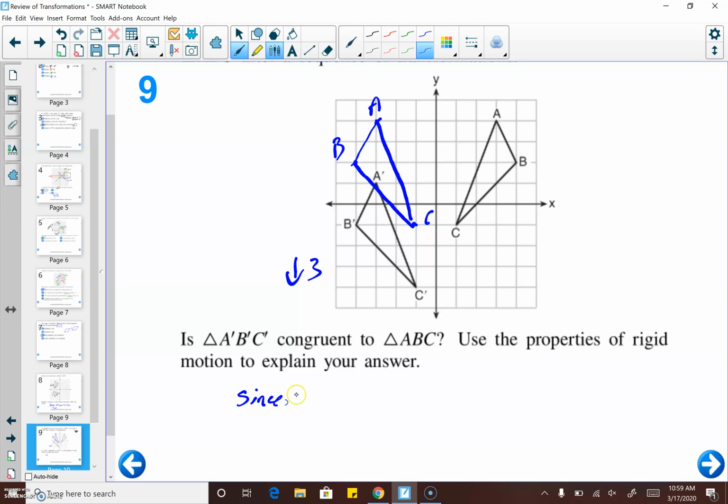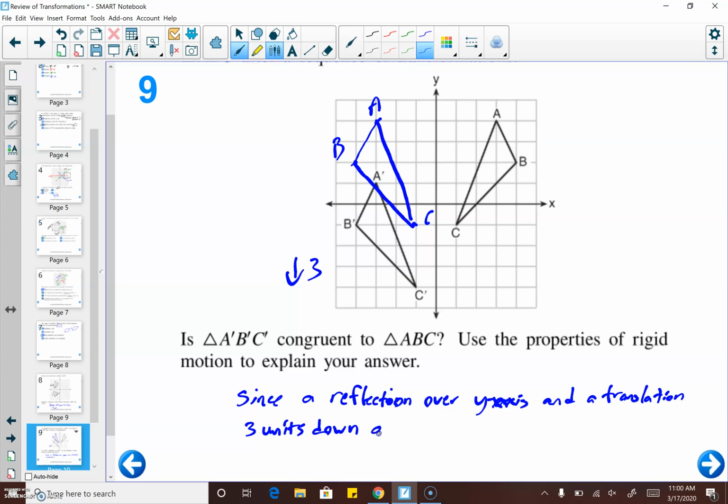So since a reflection over the y-axis and a translation 3 units down are both rigid motions.